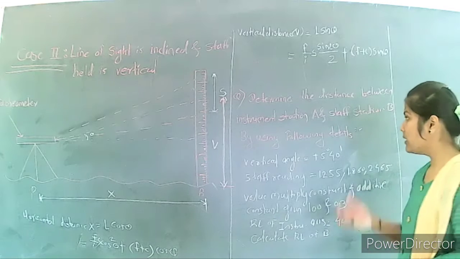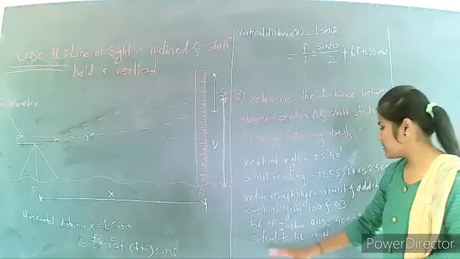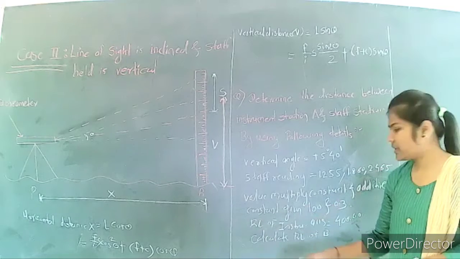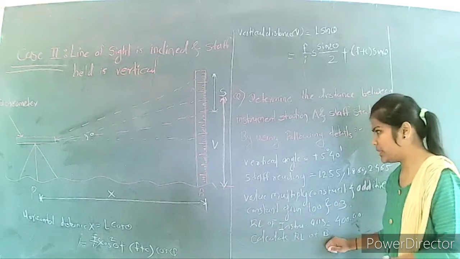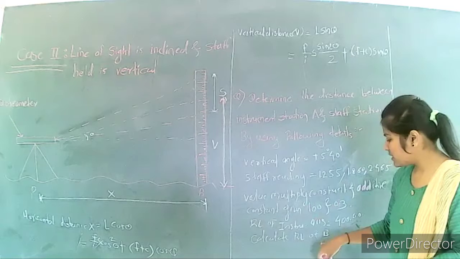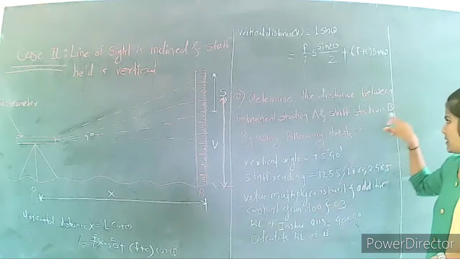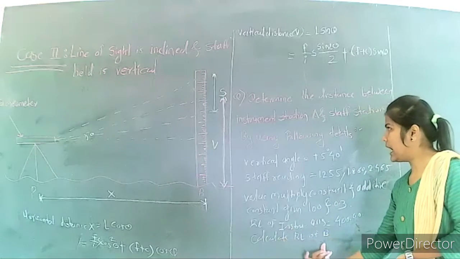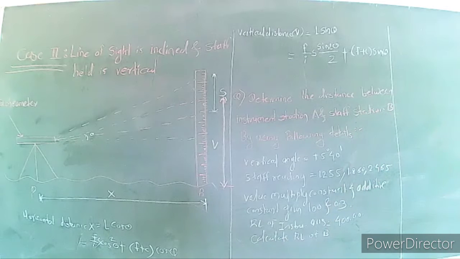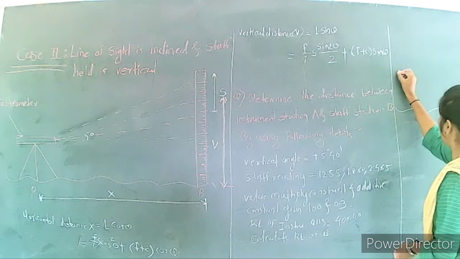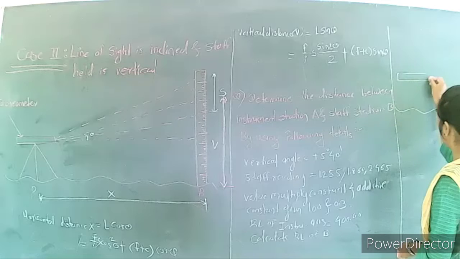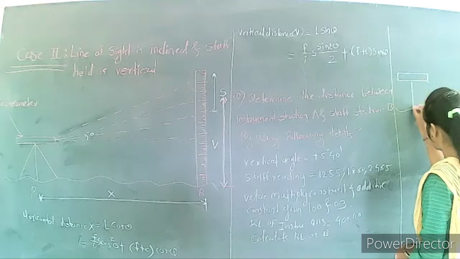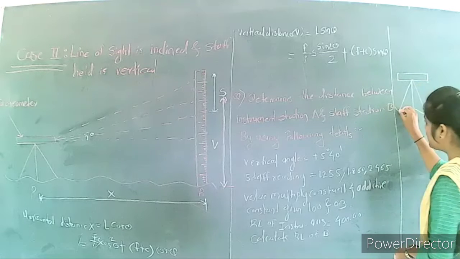Now we have to calculate the horizontal distance, the vertical distance, and the RL of B. The RL of B means at point B we place the staff, so we have to calculate the RL of the staff. Firstly, we draw a figure from the given data. Here we place the instrument as given.